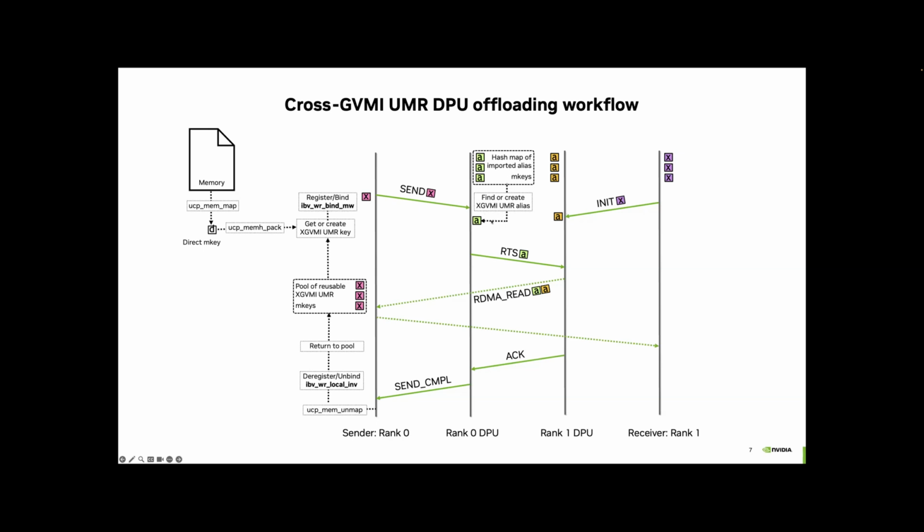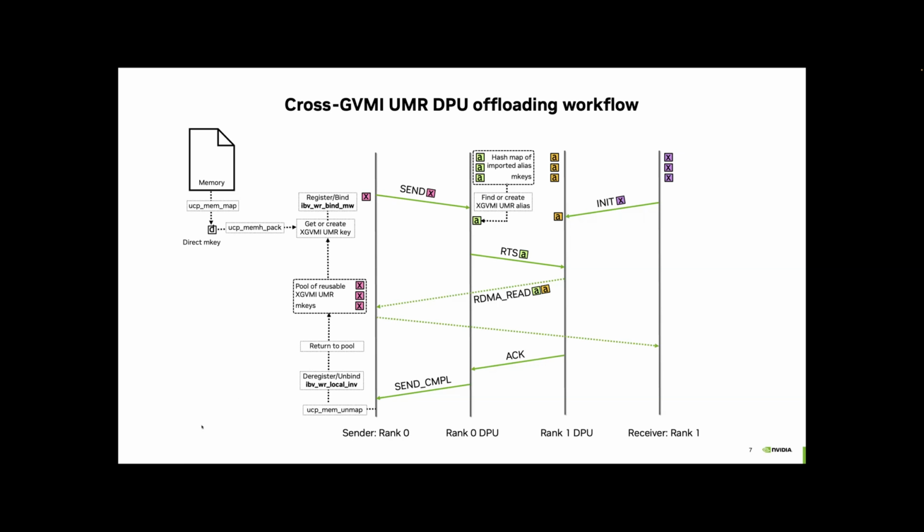So when we have a lot of operations, the cost of creation is amortized. So basically it ends up just taking it from the hash map. And then the workflow is basically the same until the end. When we don't need this memory buffer anymore, we call unmap, which internally unbinds or deregisters, or sometimes it's called invalidation.